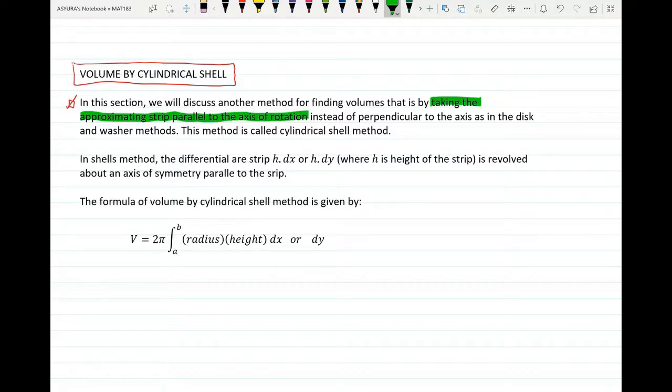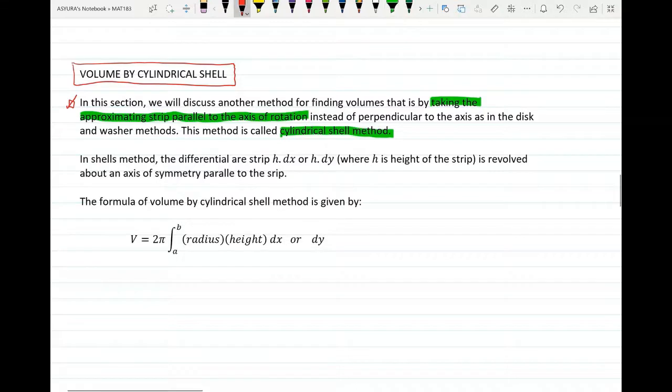Meaning we will assume that you want to cut a strip from the shaded region that is parallel to the axis of rotation. So instead of perpendicular to the axis as in the disc and washer methods, the concept will be quite different from your disc and washer method. So this method is called the cylindrical shell method.